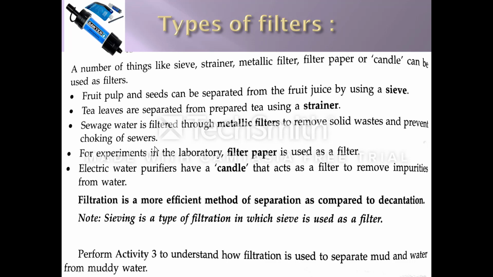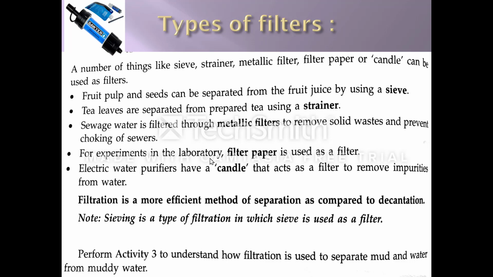You can find this in your washrooms. There you will find a metallic filter on the top of your drainage system. This will prevent solid waste from getting inside the sewage and choking it.